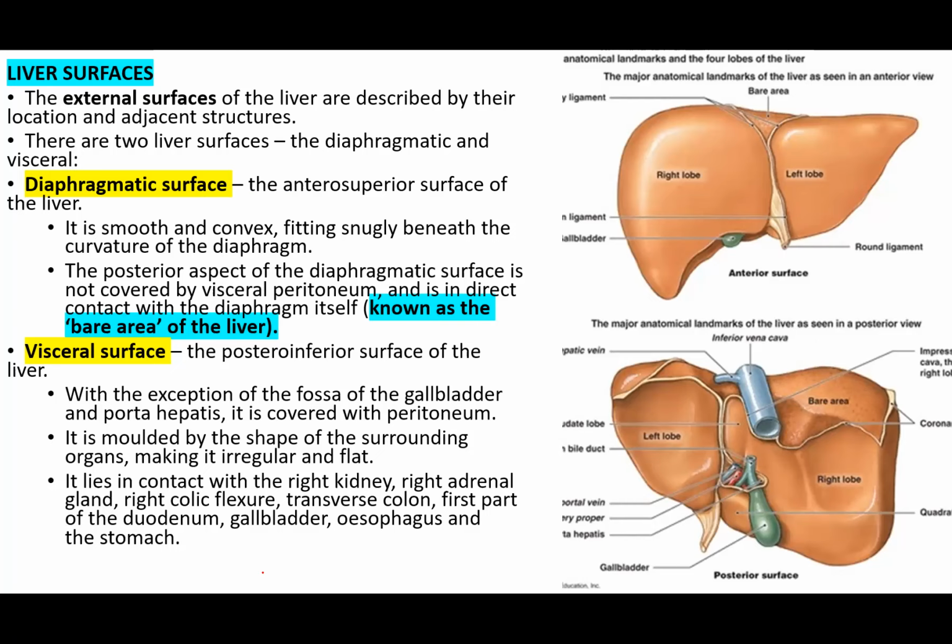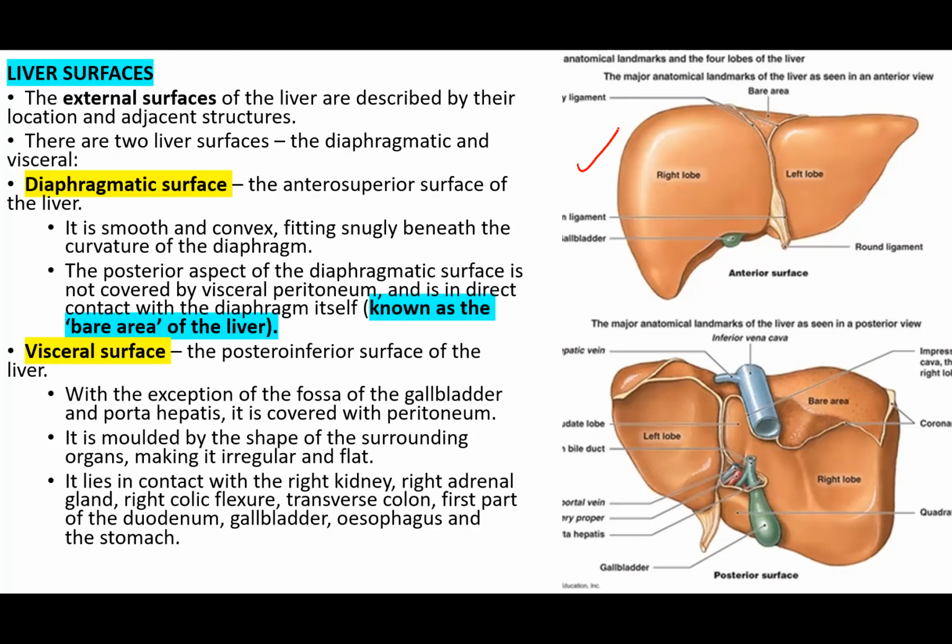The diaphragmatic surface is the anterior superior surface of the liver. This is the diaphragmatic surface. It is smooth and convex, fitting snugly beneath the curvature of the diaphragm.